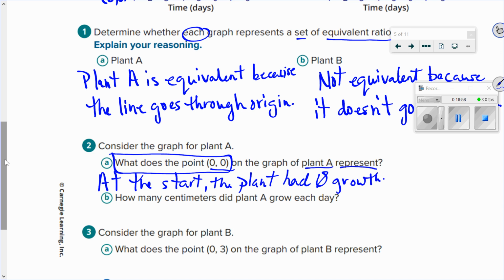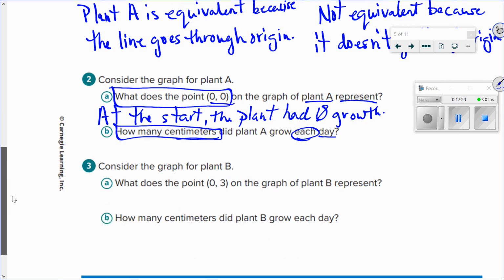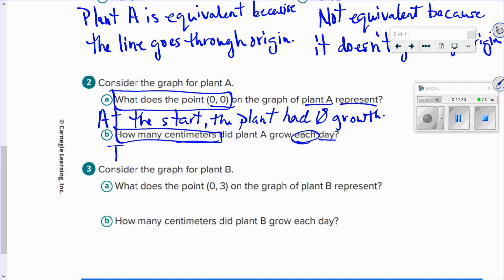Okay? How many centimeters did plant A grow each day? There's our question. So I go to my graph, starting here, going over to day 1, I see I go up and it grew 2 centimeters. Right, Aubrey? You see that? You should probably mark it in your text too. So it grew 2 centimeters each day.